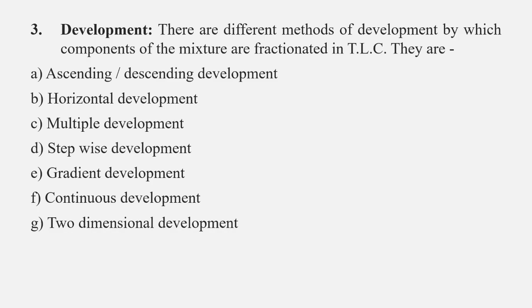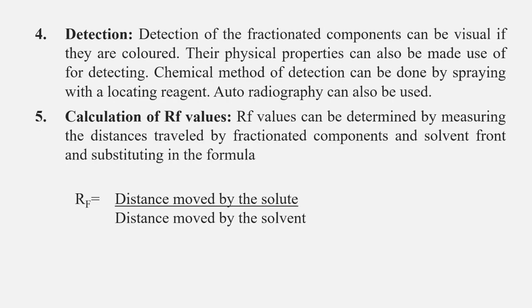It may be ascending or descending, or we can place it horizontal, or first keep it ascending and then horizontal, and stepwise and gradient development. Likewise there are different types. Here we will discuss ascending.